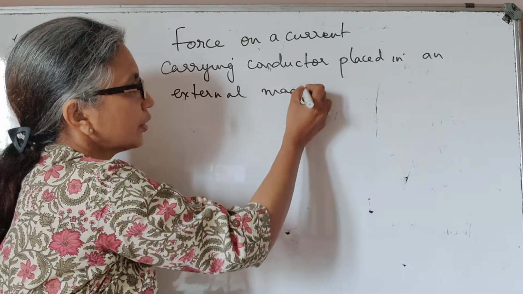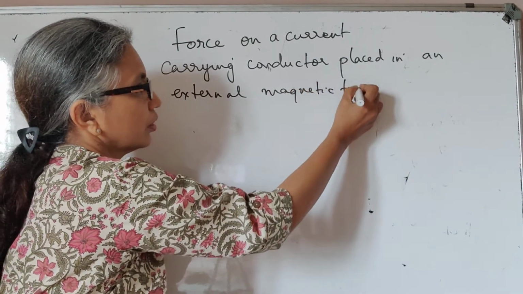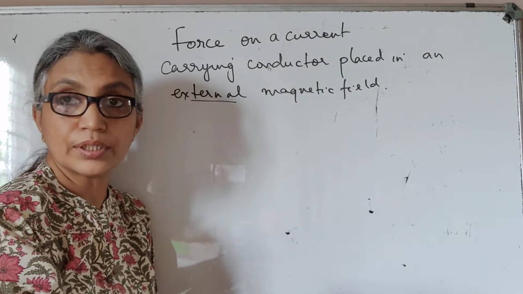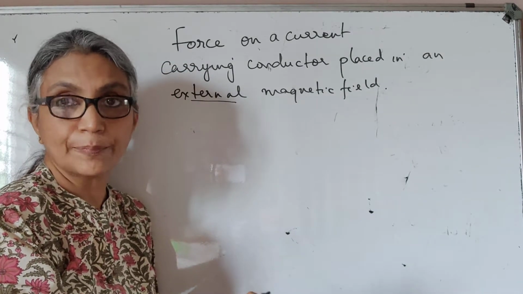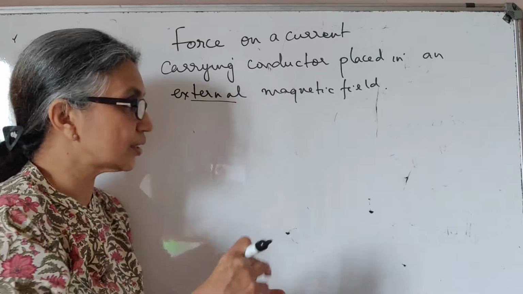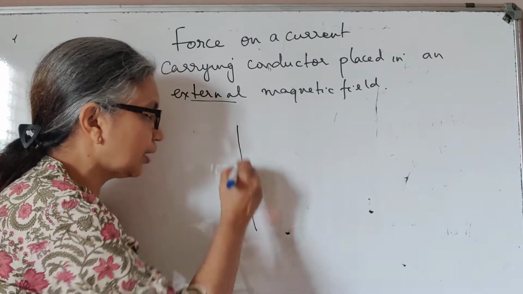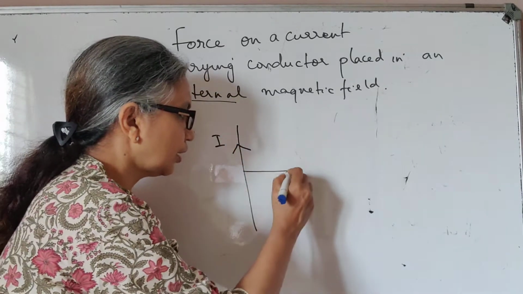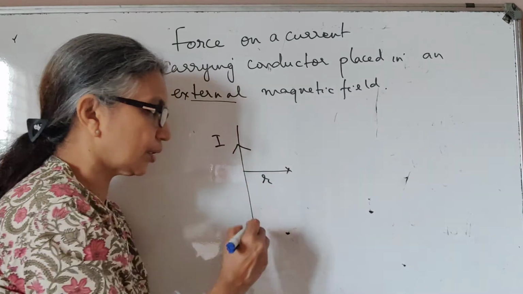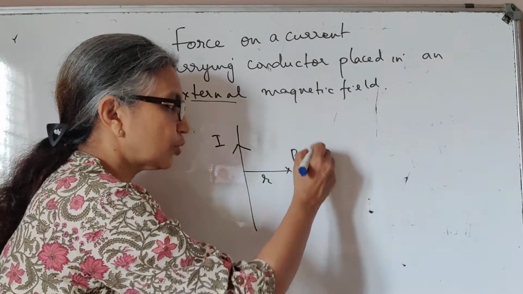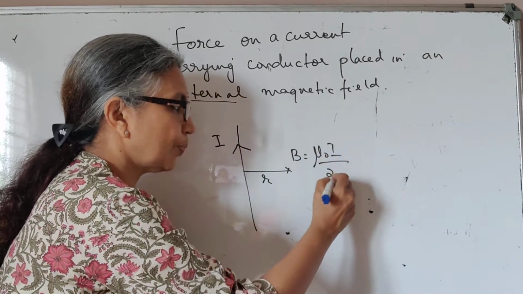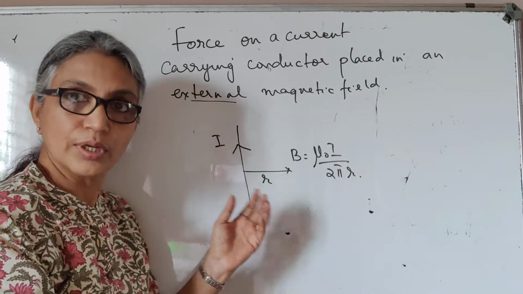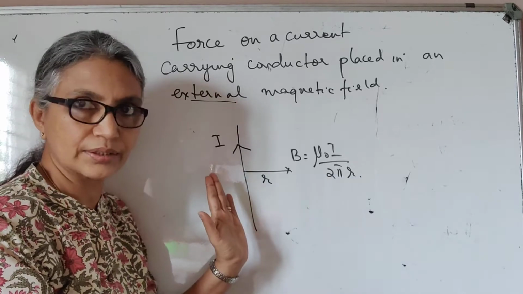Now please note that we have written external magnetic field, because when we did the last session, Ampere's circular law, you would have noticed that a current carrying conductor like this, which is carrying current, has its own magnetic field. Let's say at a point R from the conductor, we derived B equal to mu 0 I by 2 pi R. This is from the last session, Ampere's circular law. So every current carrying conductor has its own magnetic field.